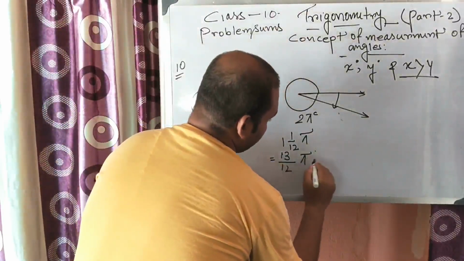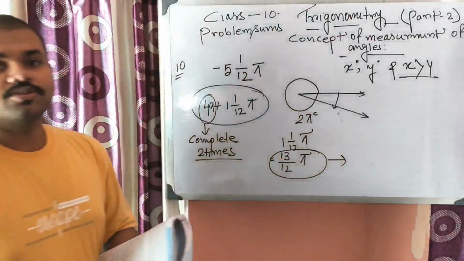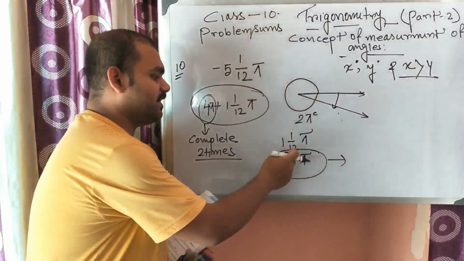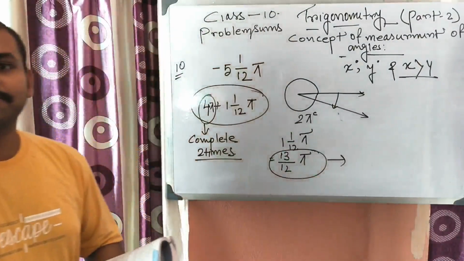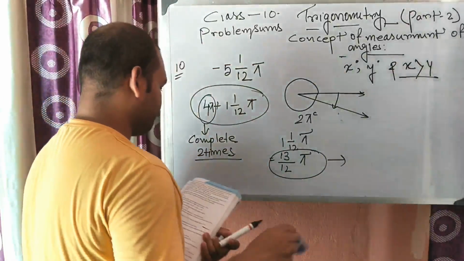So this much angle it has produced thereafter, that is 13 pi by 12 angle.